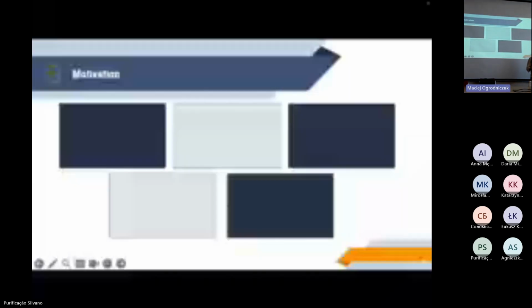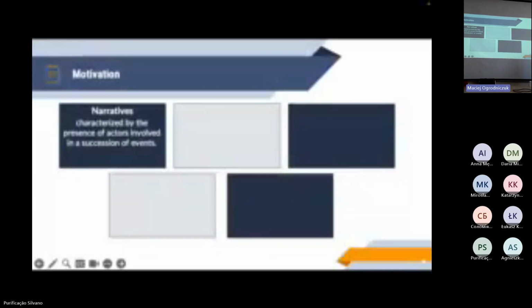We have been working with narratives, and as you know, here we use narratives as a plot that is normally characterized by a succession of events, and also that involves participants, different types of participants, and this succession of events occur in a time, in a place.